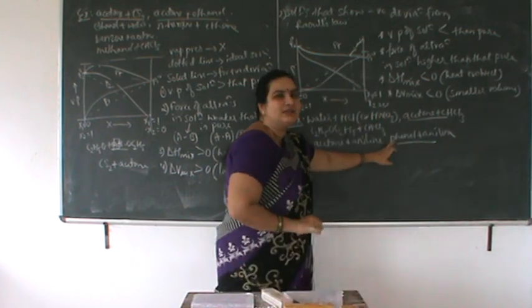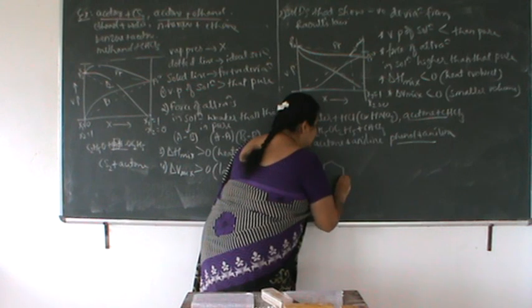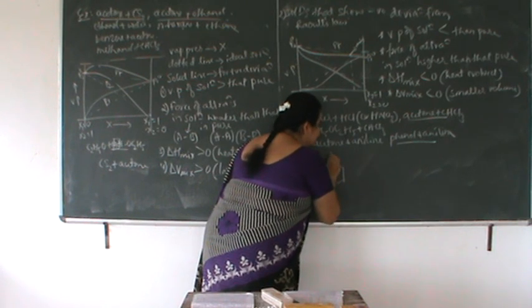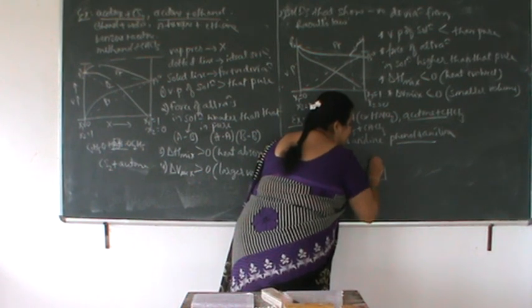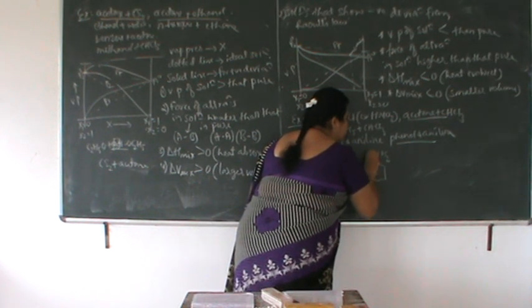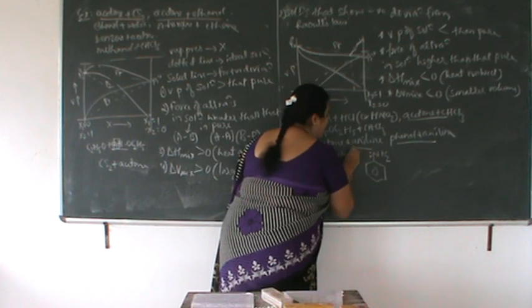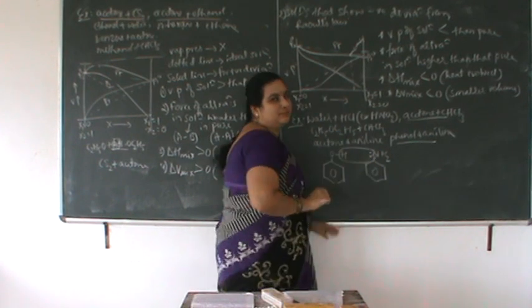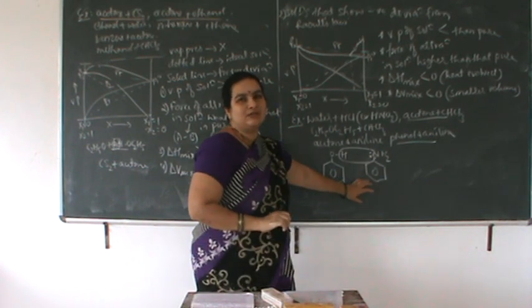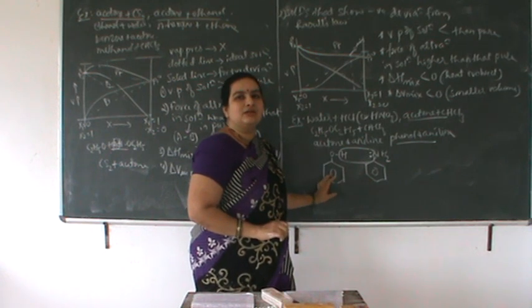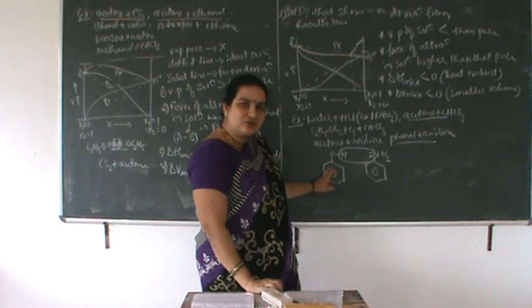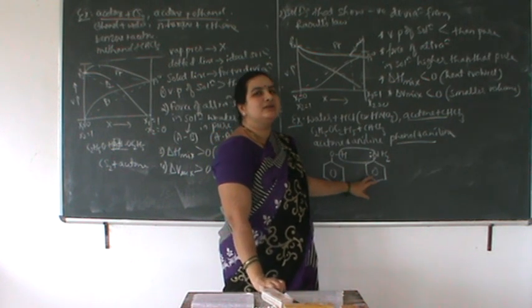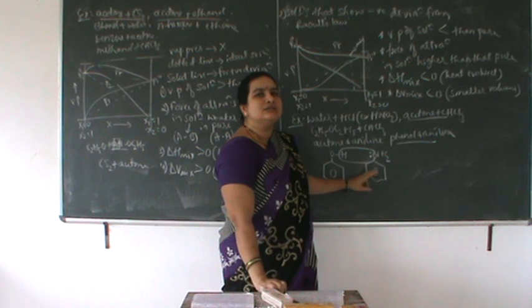In phenol and aniline, the phenol molecule is like this and the aniline molecule is like this. The interaction between the individual phenol molecules or individual aniline molecules is smaller.